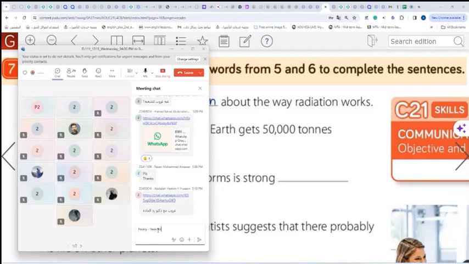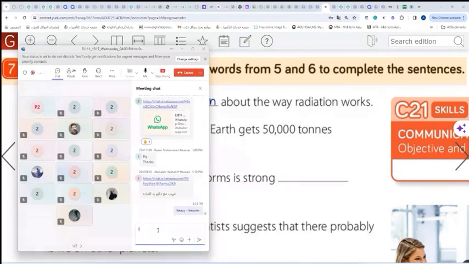Okay? The opposite is, of course, light, lighter. The opposite of heavy is light. The opposite of heavier is lighter, when you compare two things. Okay?